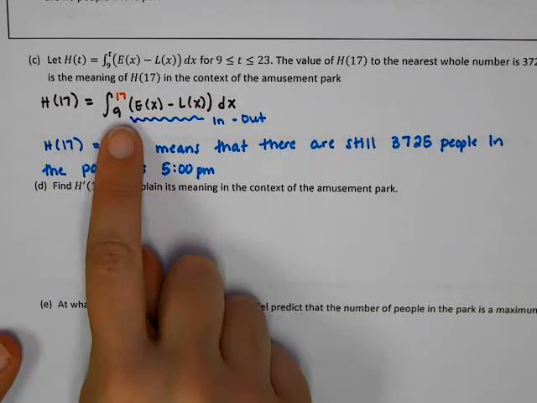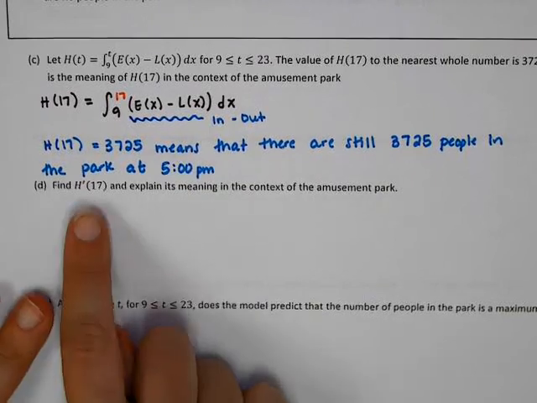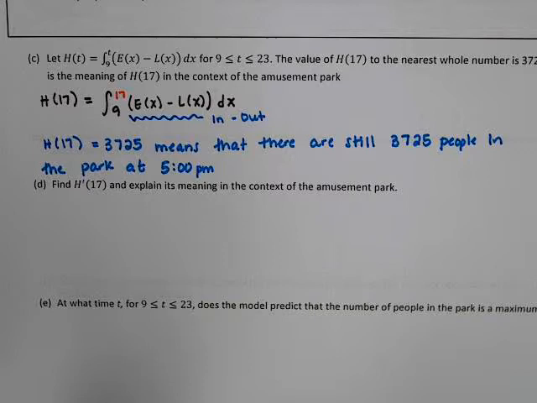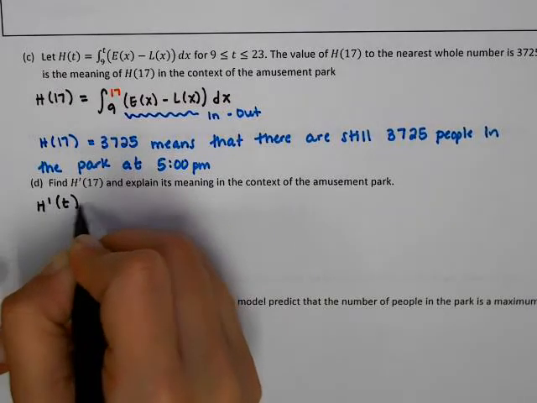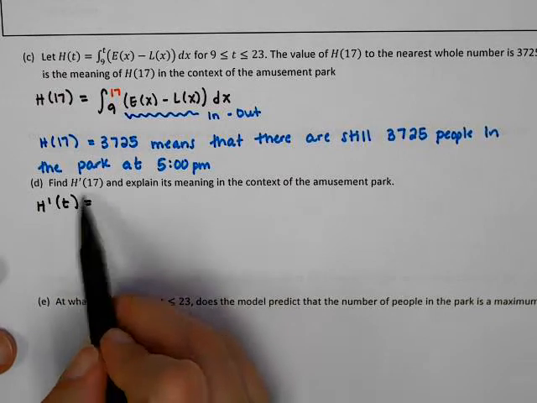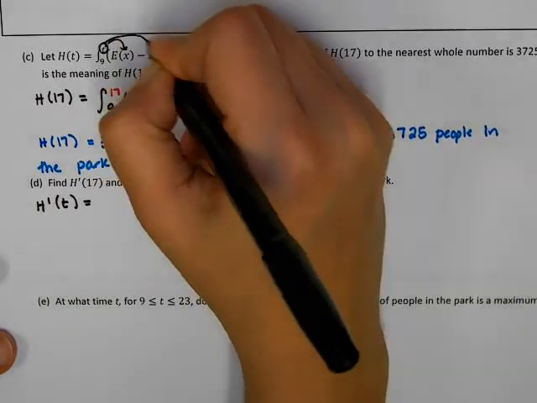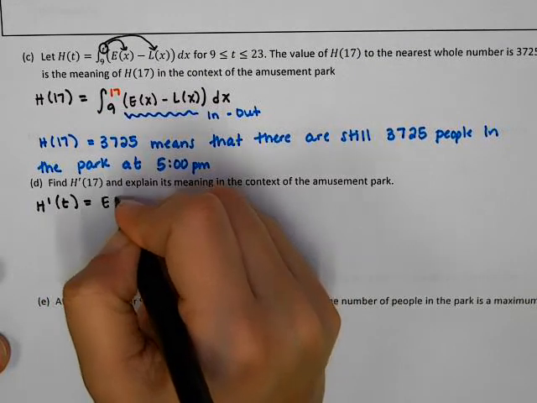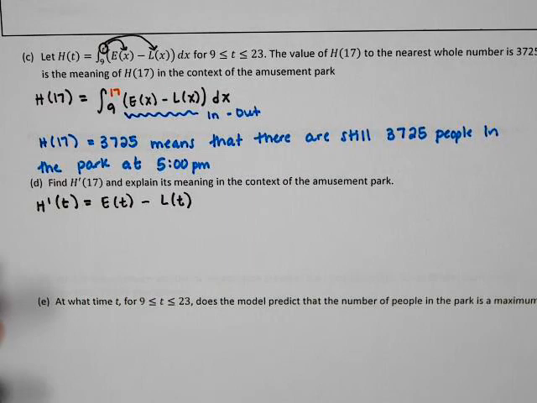Well, just like here, it's going to be helpful to write out what this would be to interpret it. So let's just start with h prime of t. H prime of t would just be taking this t and plugging it in, because you're taking the derivative of an integral. So we would have E of t minus L of t.